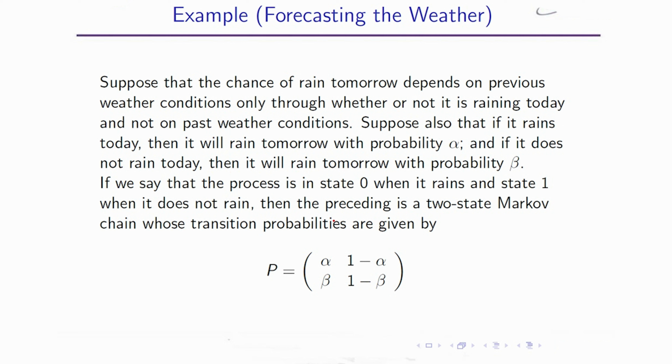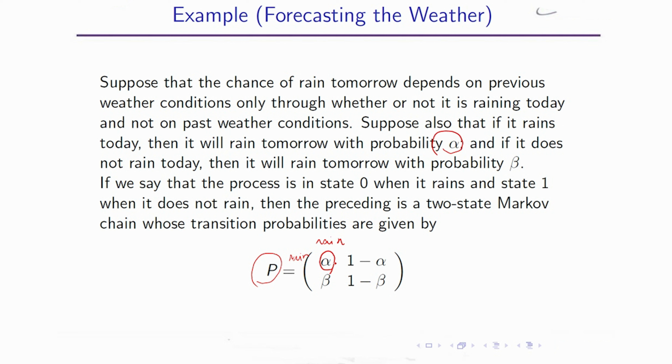So if we use a Markov chain to represent this weather condition, then we can write the transition probability matrix P like this: if today it rains, then tomorrow the probability that it will rain is alpha.